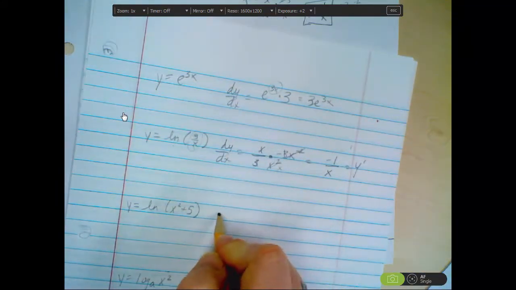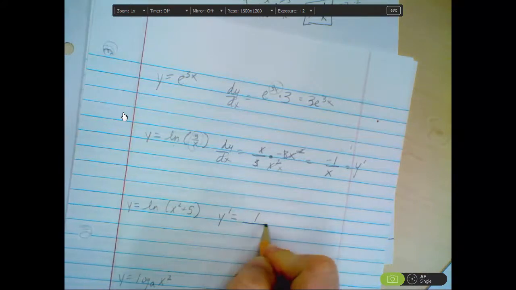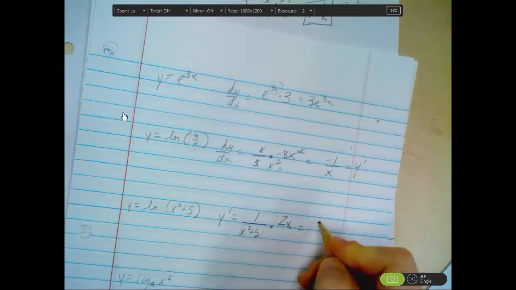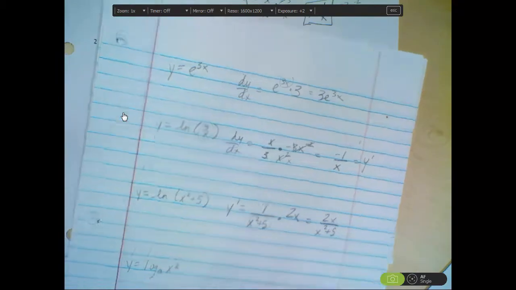Same thing again. Y prime would be 1 over x squared plus 5 times 2x, the derivative of this. And that doesn't simplify. That's simply 2x over x squared plus 5.